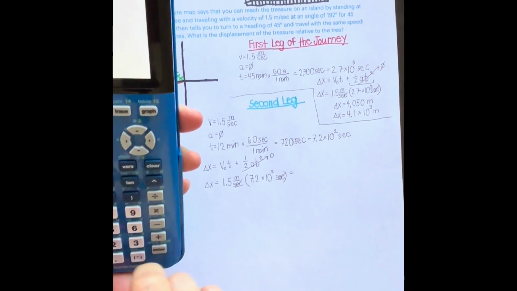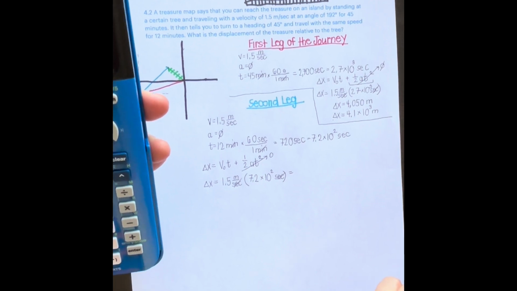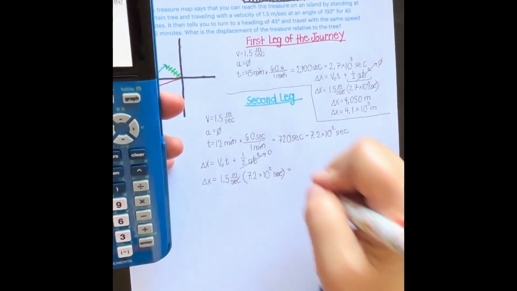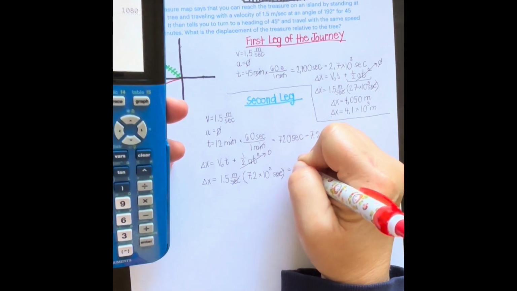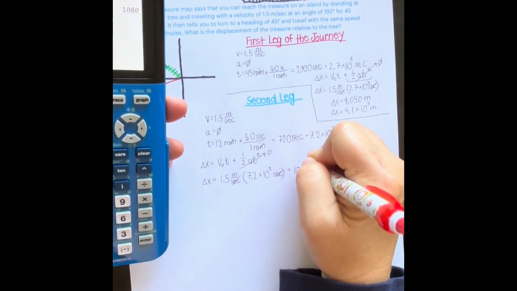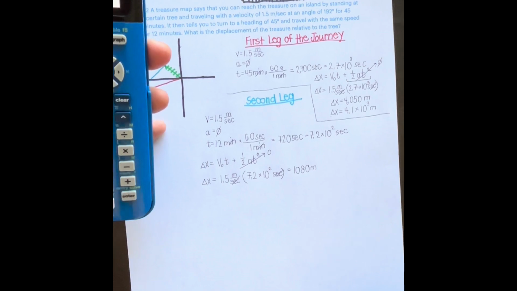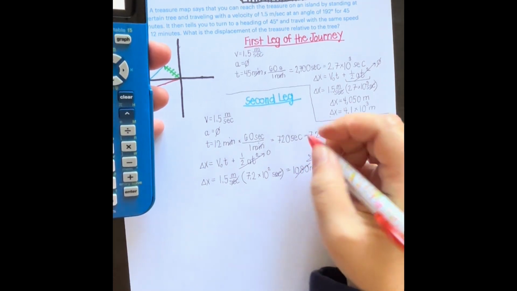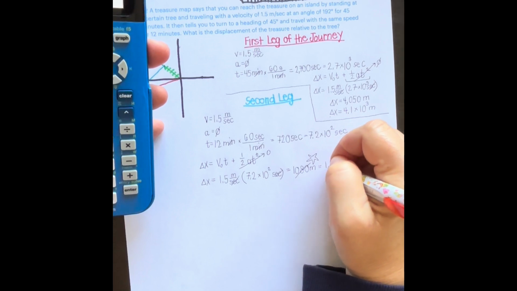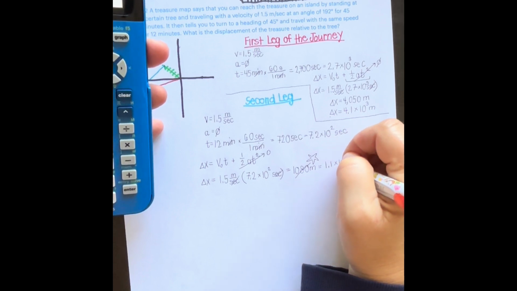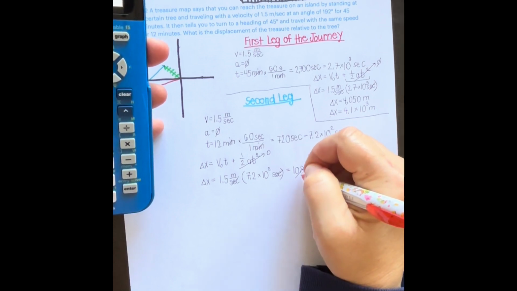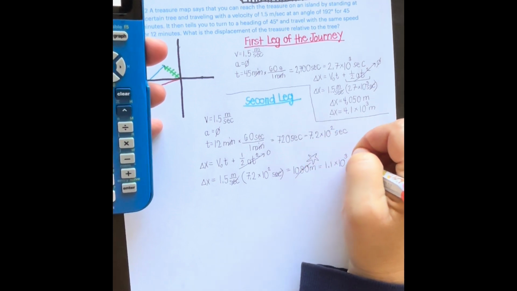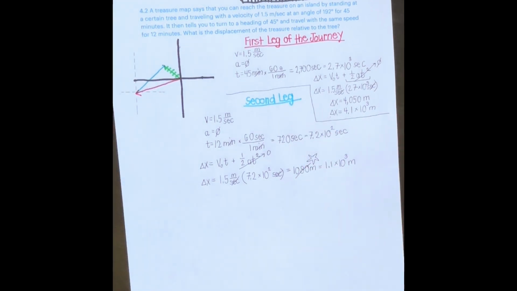1.5 times 720. We get 1,080 meters. Again, that's too many significant figures. So that is 1.1 times 10 to the third meters.